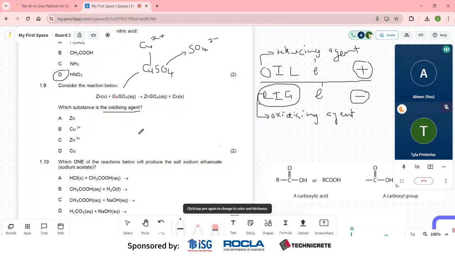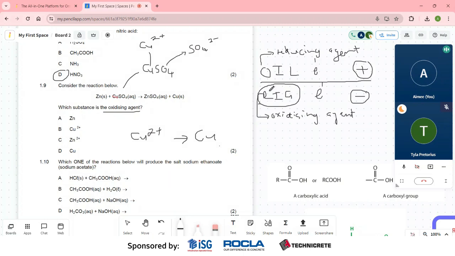So that means that copper goes from copper 2 positive to copper, which means that copper is becoming more negative. It used to be positive, now it's neutral, which means it has to have gained electrons. And for it to have gained electrons, it needs to undergo reduction.